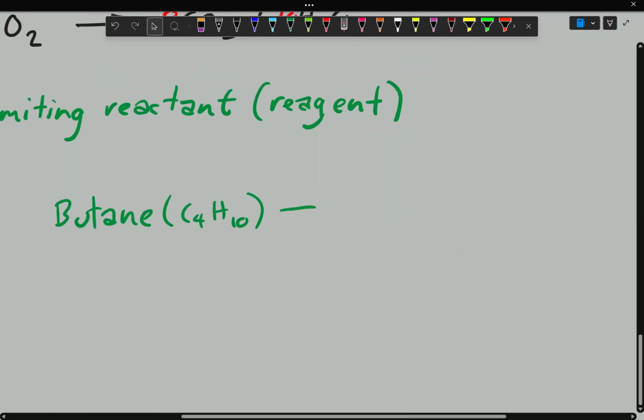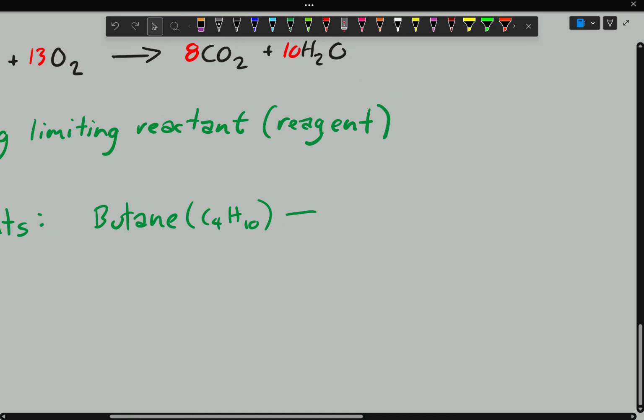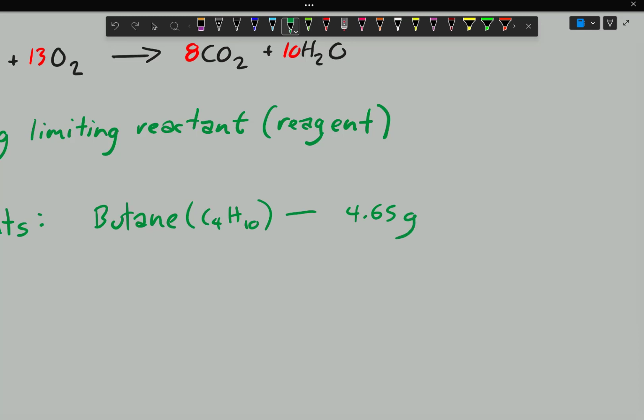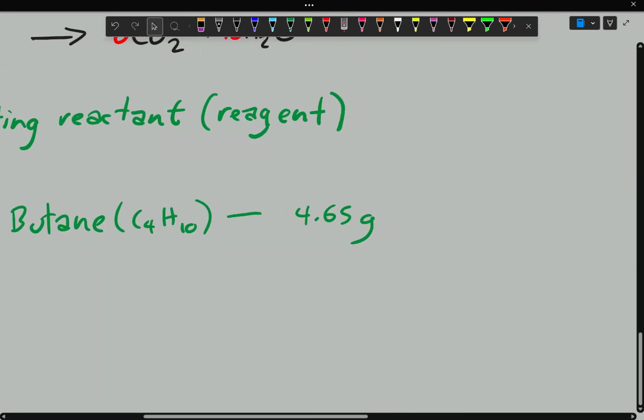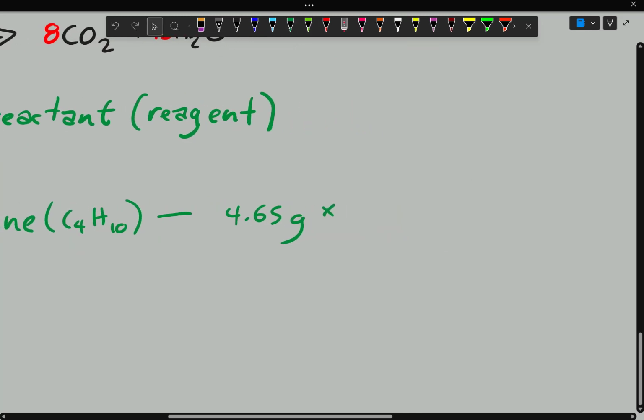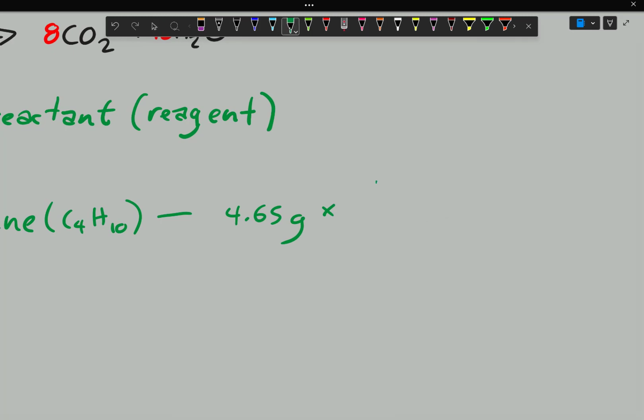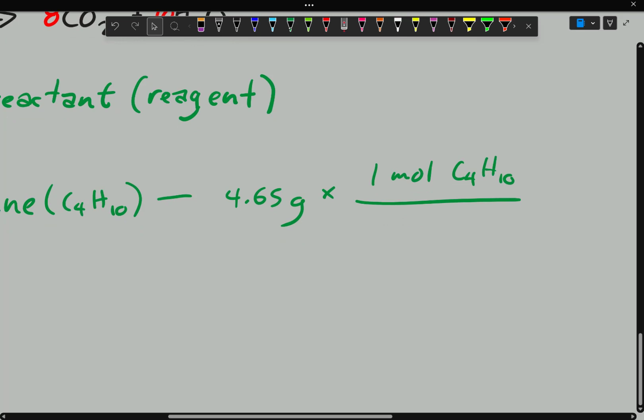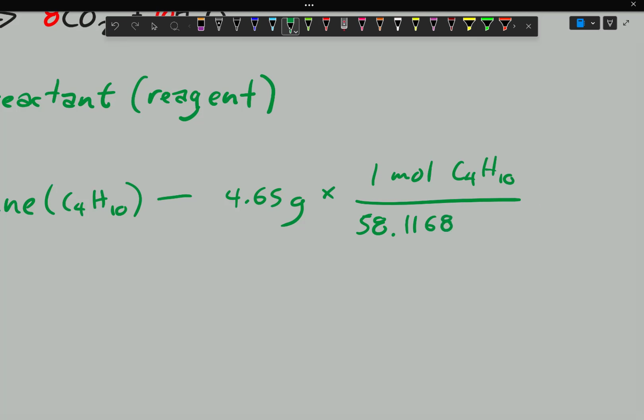So for butane, we are told in the problem that we start with 4.65 grams. So, if we write out a ratio here using the molar mass of butane we found earlier, we know that for every 1 mole of C4H10, we have 58.1168 grams.